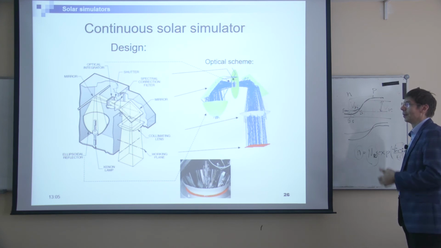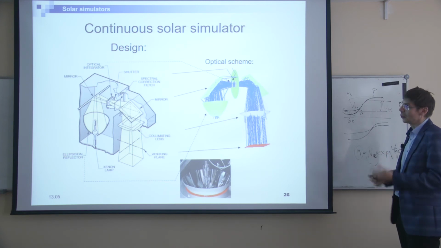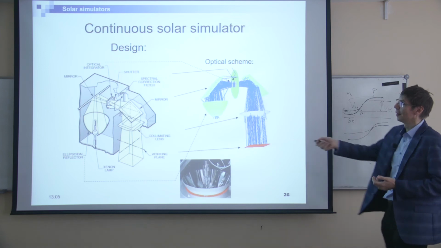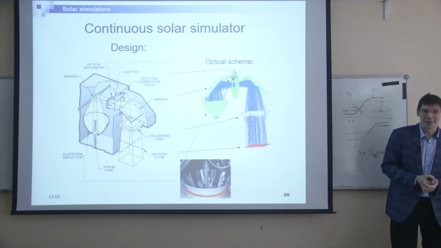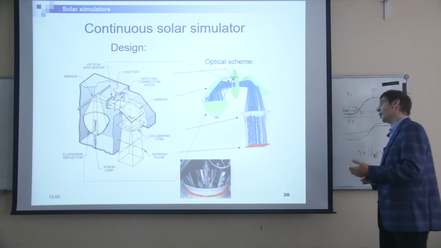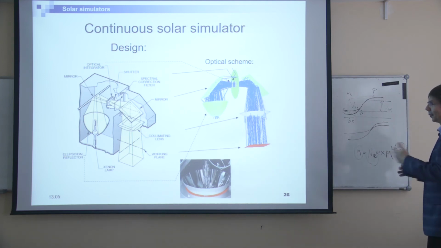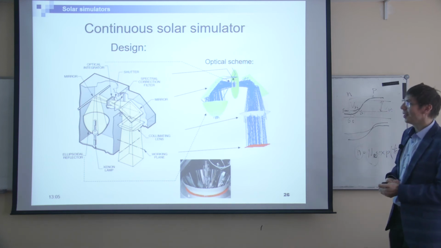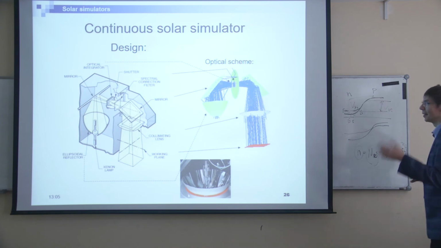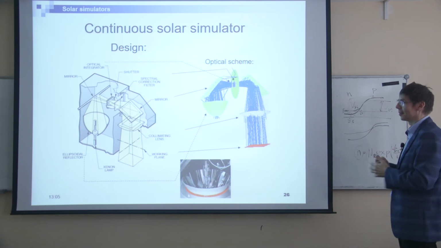But I have experience with one producer. When I asked for this optical filter, they asked me if I have a solar simulator of the company, and if you have no our solar simulator, we cannot sell this filter. But you can buy it from another producer, so it's a specific case.